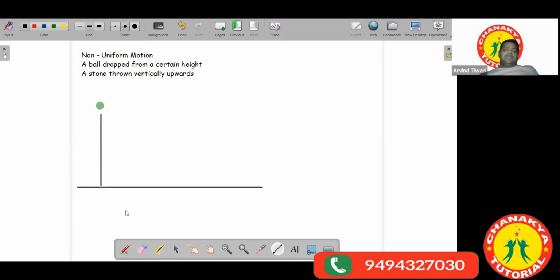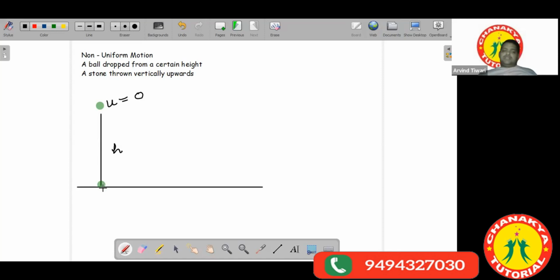When the ball hits the ground, it hits the ground with a certain speed. The ball is at a certain height. When we are holding the ball in our hand, it does not have any speed. Its speed is zero. So at this point, its initial velocity is zero.